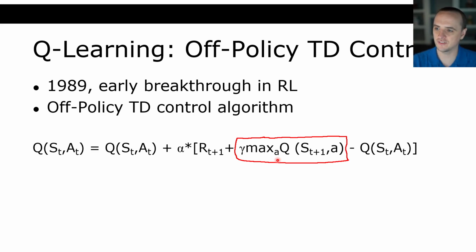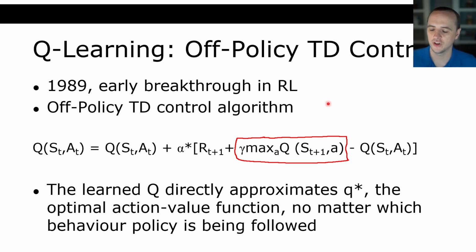So we look ahead to the next state and say, what's the best thing that I could do at that next state? Whatever the value of that is, that's what I'm going to use to update my value. So the learned Q value directly approximates Q star, the optimal value function, no matter which behavior policy is being followed.